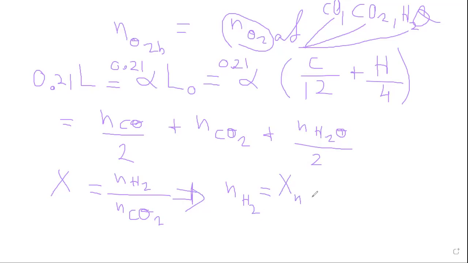And since from my previous analysis I determined that we have a relation between NH2O and NH2, by definition NH2O is equal to H over 2 minus NH2.